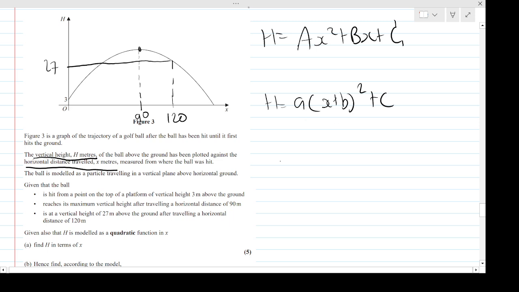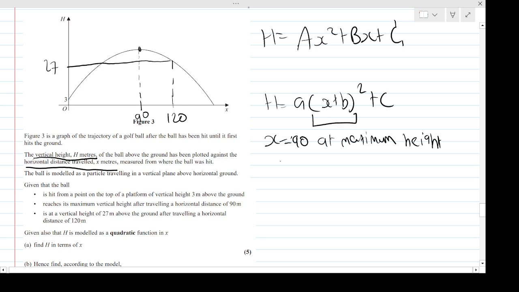So let's work with what we've got. Firstly, let's work with the vertical height because we already have it in complete square form. It's telling us x is 90. We do not know what height it is, but we know that horizontally it's 90. That means x is 90 at maximum height. But we do not know what the maximum height is. That's okay, but we know when that has to happen.